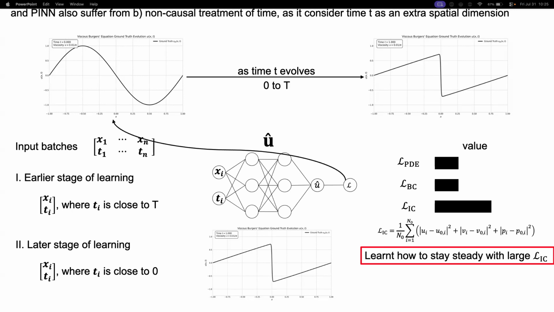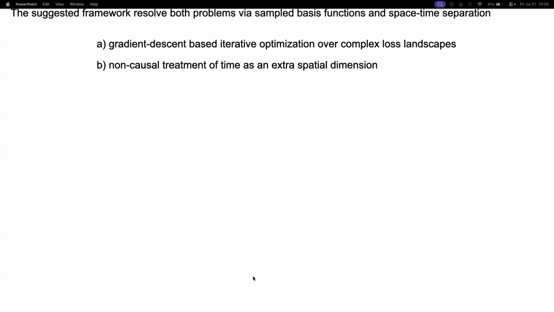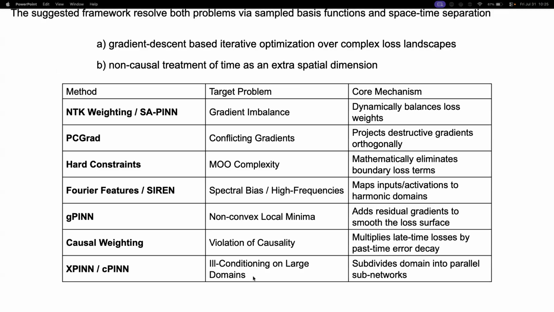So this is the problem of the primitive approaches of the PINNs, the earlier models, like the early 2020s. So yes, there are several methods that handle that kind of problem.